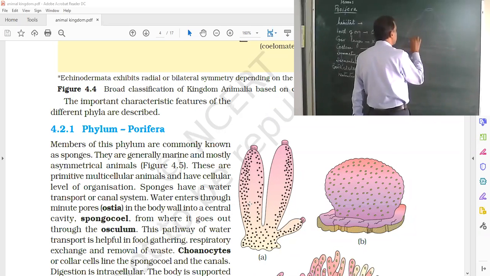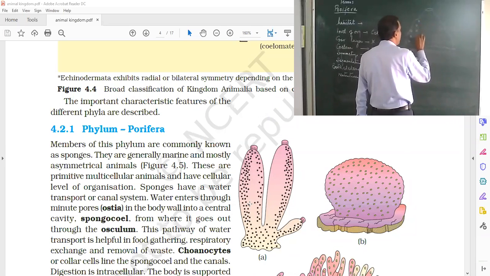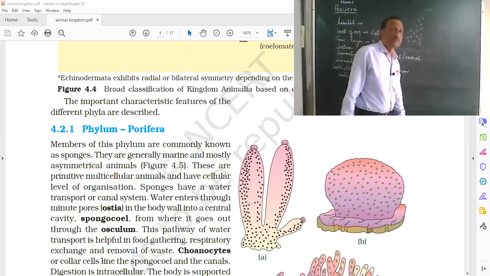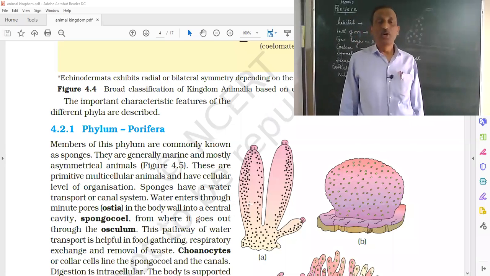Say for example it is a sponge, and you will find the body has a large number of minute pores, and these minute pores are called ostia.